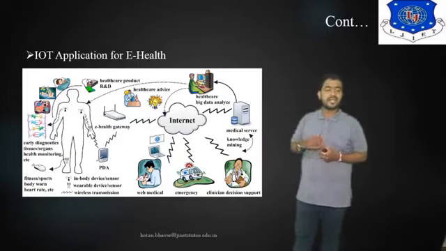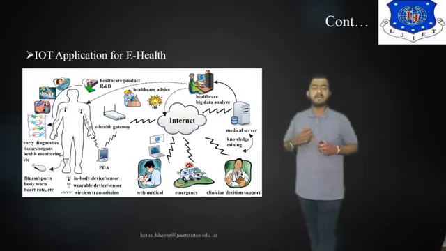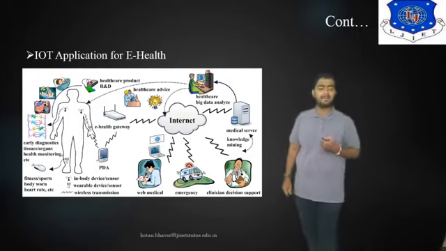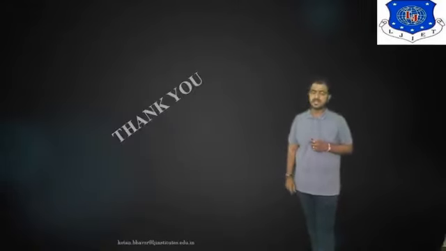So I hope that you are getting what exactly I am trying to convey in terms of the application part. But still, if you have any query related to IoT applications, or related to some applications of smart city, then you can feel free to contact me.